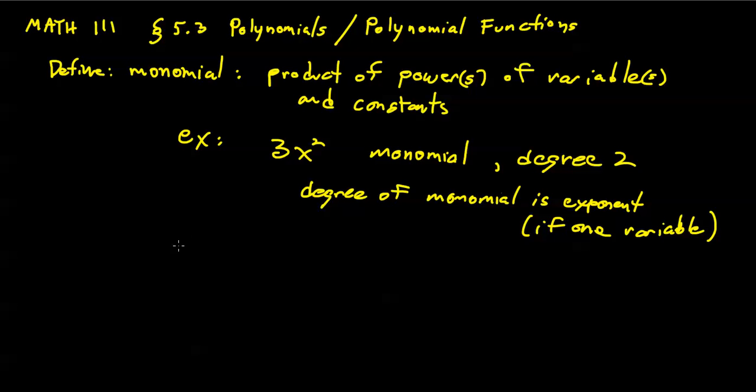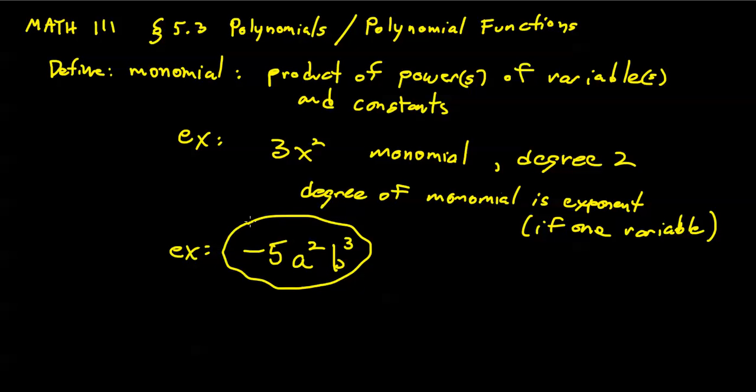I'll give you another example of a monomial. Minus 5 a squared b cubed. This is also a monomial. It has more than one variable, but it's still a monomial. This monomial has degree 5.